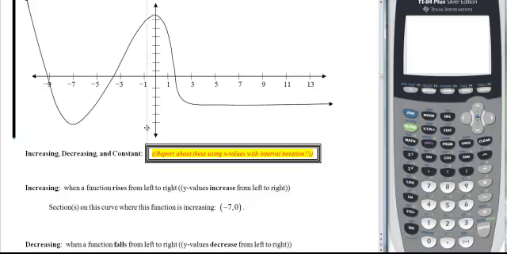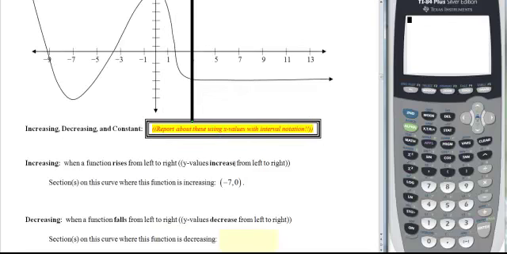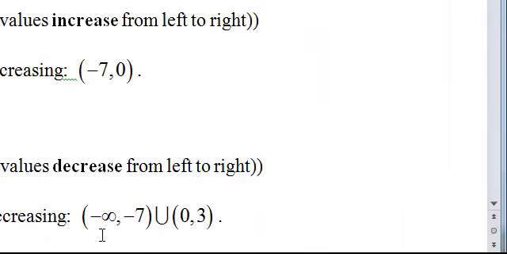And then from 0 to about 3, my y values are getting smaller and smaller. So how we say that is -infinity to -7, also from 0 to 3. This is a union, so it's this one or this one where it is decreasing.